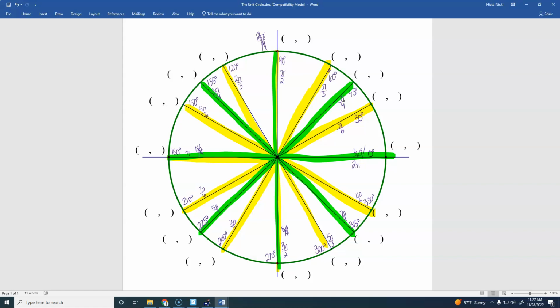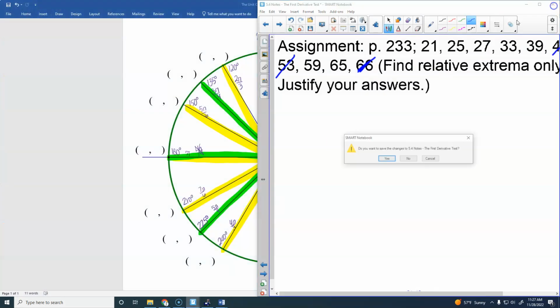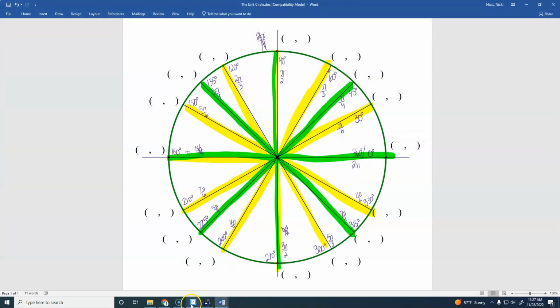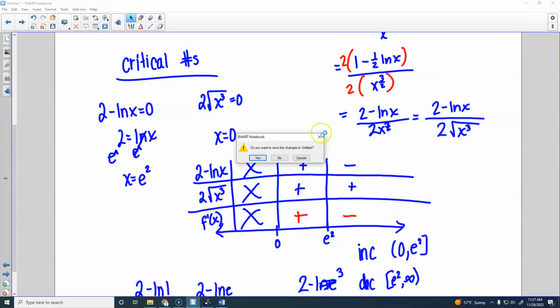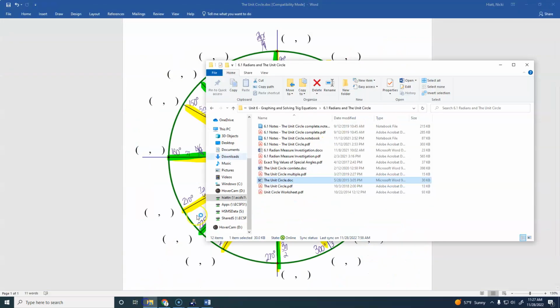Okay, and keep your unit circle out because we're going to fill it in sort of as we go through these notes.